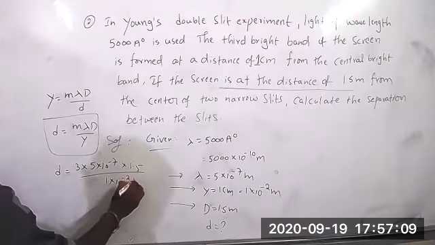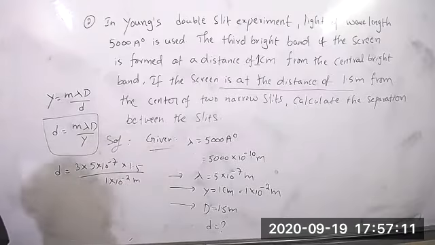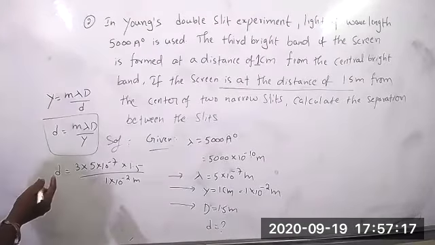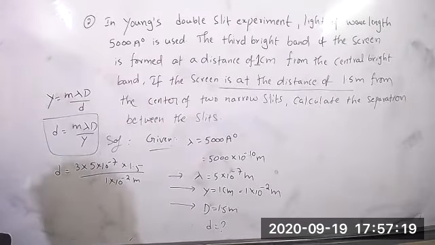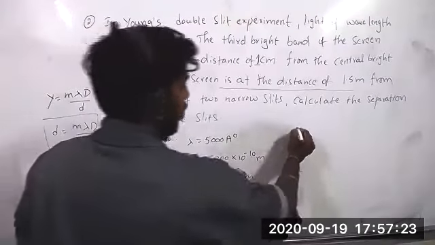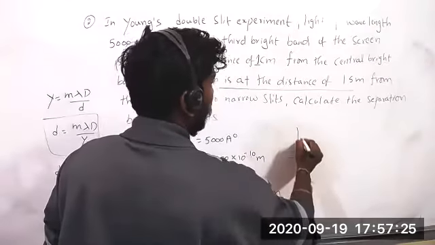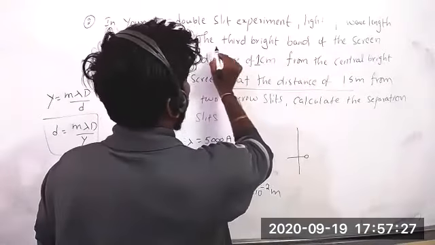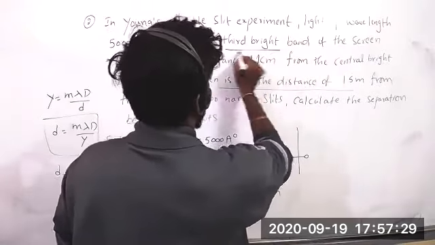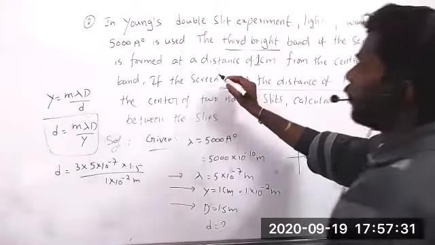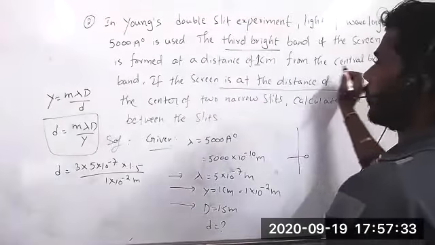Solve this. Sir, should m be 2? They have given third, no? They mentioned third. But it will start from 0, 1 and 2. But if the central is 0, then from the center, the third band. The third band of the screen is formed at a distance of 1 centimeter from the central band.